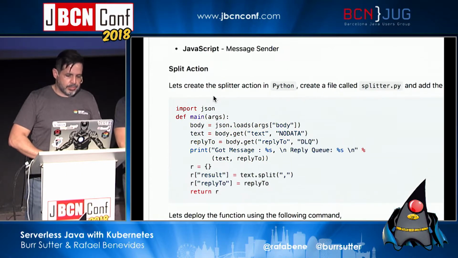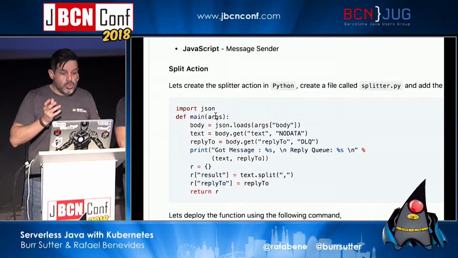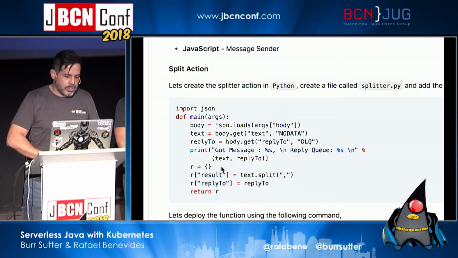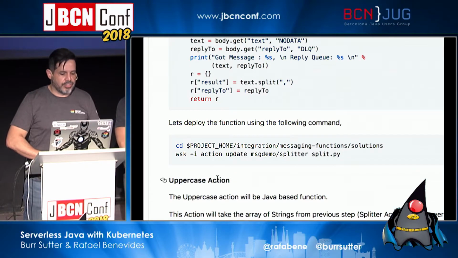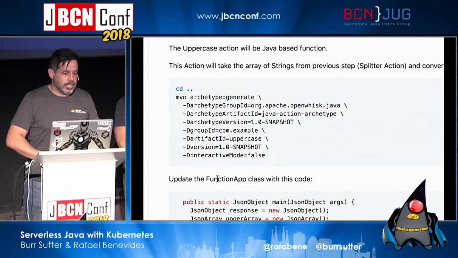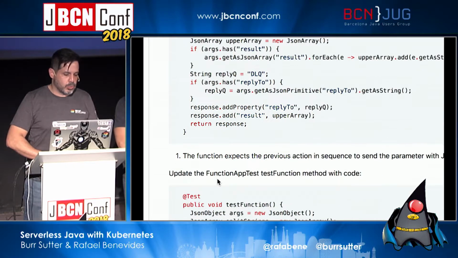You can see here, it's the same usage, if you know what I mean. I get an action, an argument, I split them, and I forward the parameter result to another function that will be called later. In this case, the upper function that's written in Java.